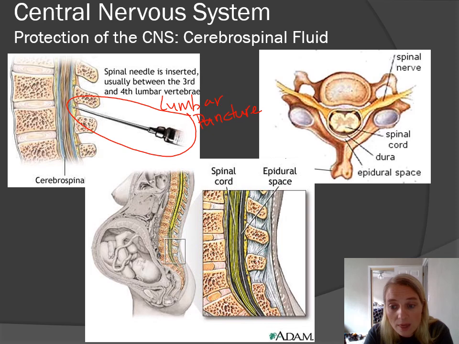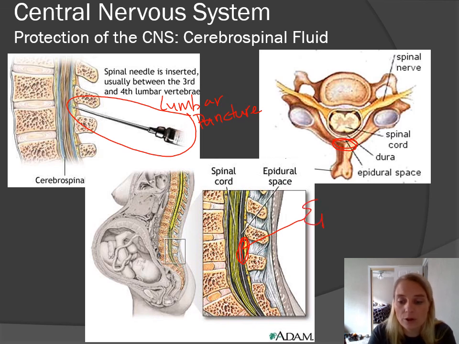The other thing that somebody might have been exposed to is in the spinal cord, there is a little bit of space called the epidural space. It's outside of the dura mater, right here in the space here. We can see it out here as well. So it's just outside the dura mater. So this is the target of anesthesia during an epidural, if you've ever heard that, or a spinal block.